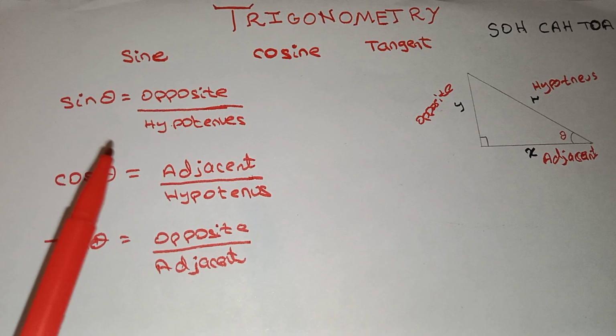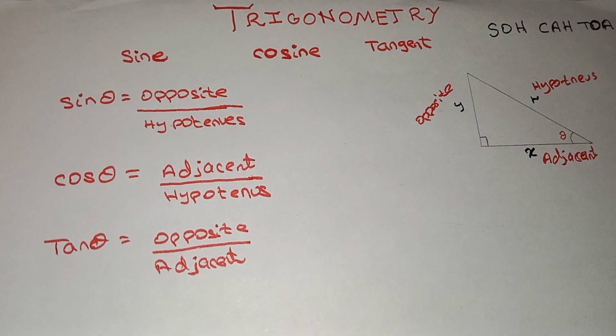Sine stands for opposite upon hypotenuse. If it is not easy to remember these trigonometric ratios, you can go through SOHCAHTOA: sine equals opposite upon hypotenuse, cos equals adjacent upon hypotenuse, and tangent equals opposite upon adjacent. You can easily memorize this mnemonic, which will be very useful in your examination.